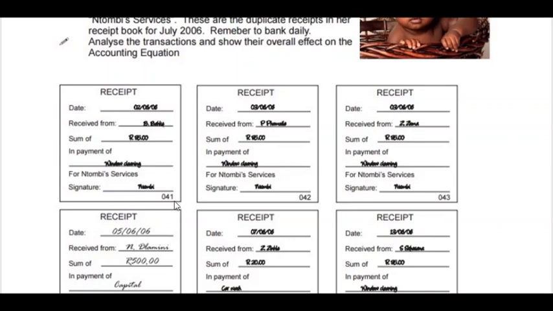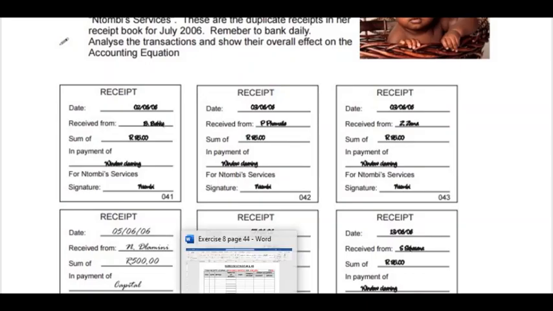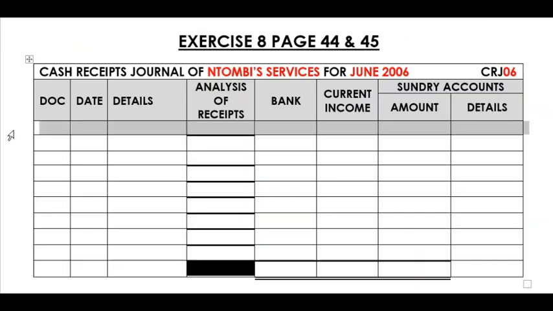Okay, so if we take this transaction and we enter it into the CRJ, it will look like this. Okay, so we will say the receipt number was receipt number 41. That was seen at the bottom there. Then the date of this transaction was the 2nd of June 2006, but you don't have to write June 2006 because it says it there at the top.